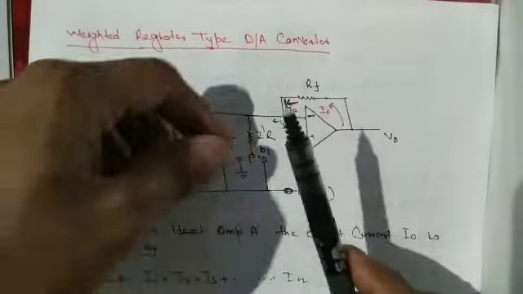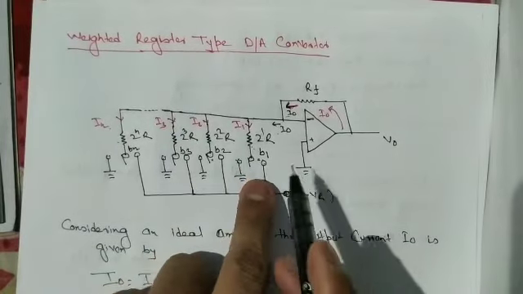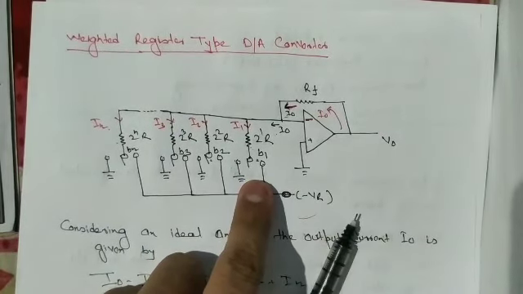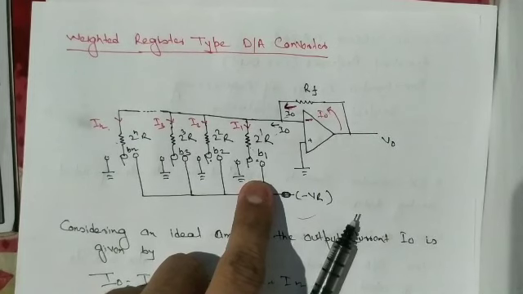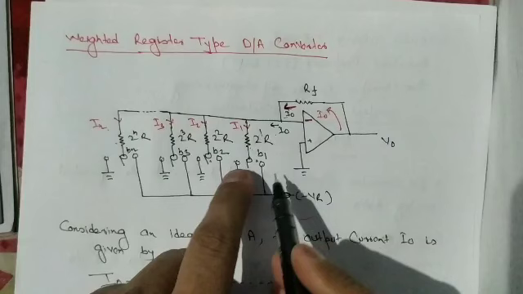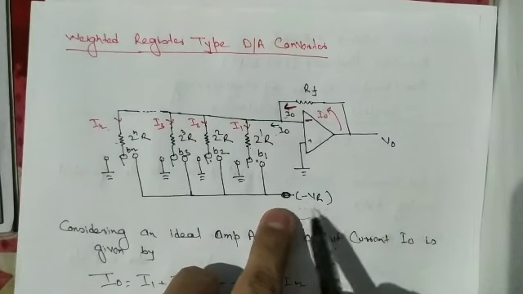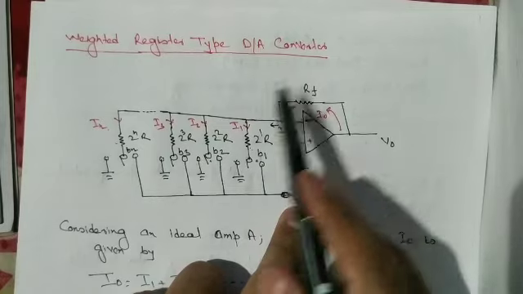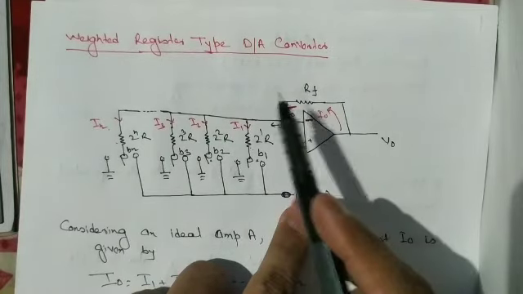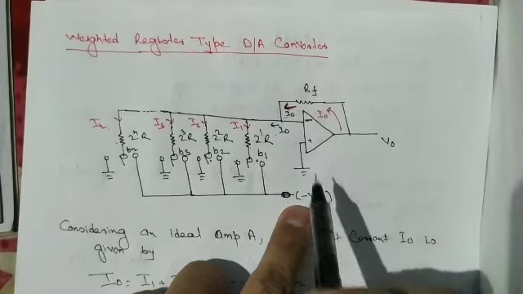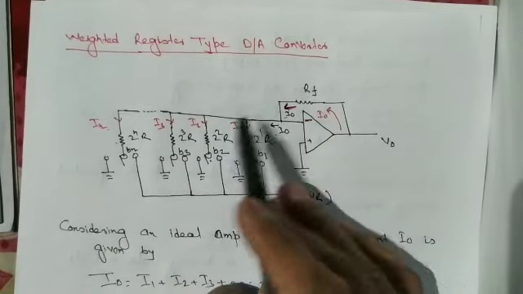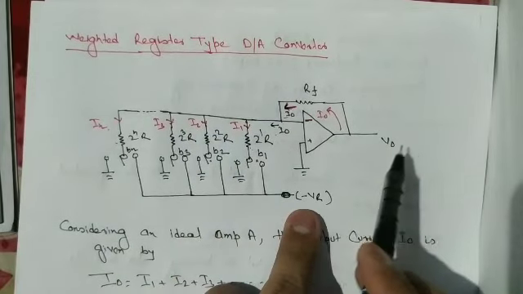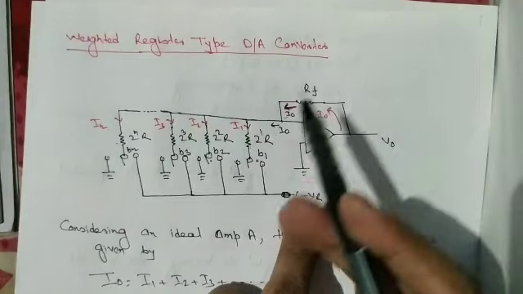Here the value of B1 can be 1 or 0. Binary has two forms, 1 or 0. For 1, we are using a negative value, minus VR. Why are we using minus VR? Because we are using an inverting circuit. When the input is negative, minus VR, the output becomes plus VR.